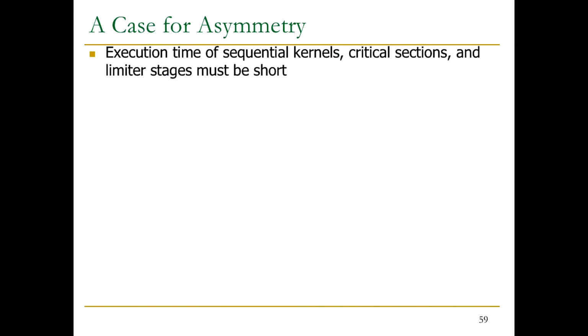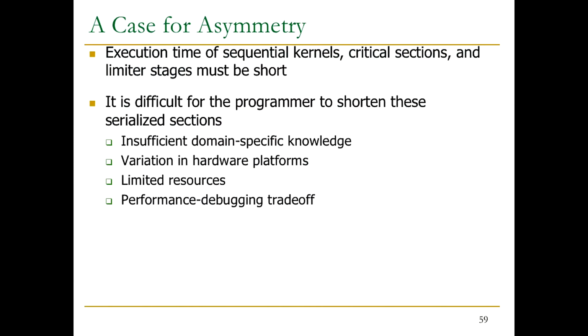OK, so execution time of sequential kernels, critical sections, and limiter stages must be short. You can say, again, punt the problem to the programmer. Say, it's not my problem, it's the programmer's problem. So I'm going to design smaller cores, and, or even larger cores, and tile them. But the problem is the programmer may not have domain-specific knowledge to optimize a program really well.